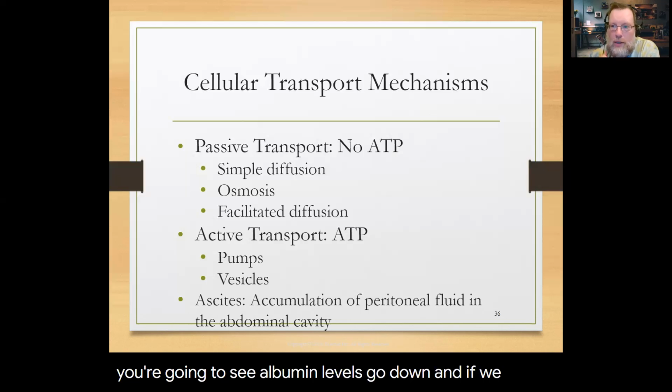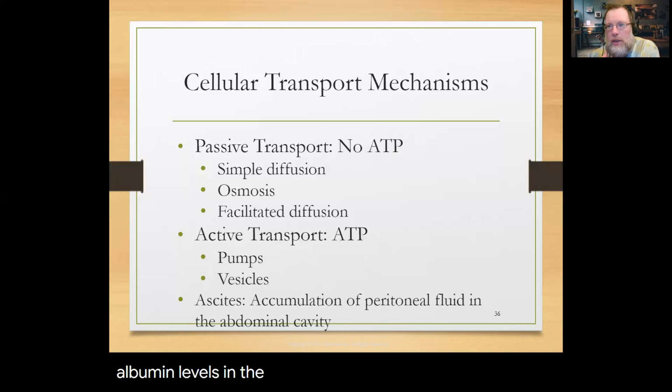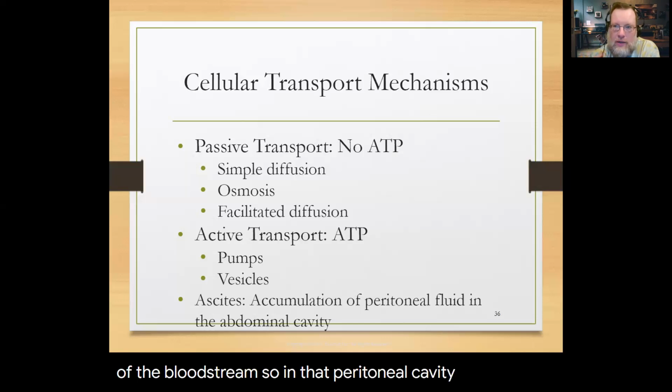And if we drop albumin levels in the blood, what that means is outside of the bloodstream, in that peritoneal cavity or abdominal cavity, we're now going to see a lot more substance in the extracellular space relative to the amount of substance inside the bloodstream.